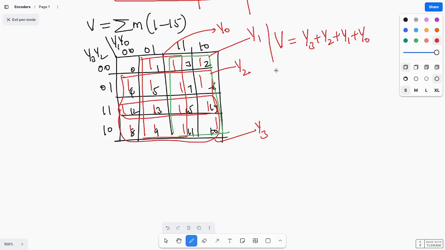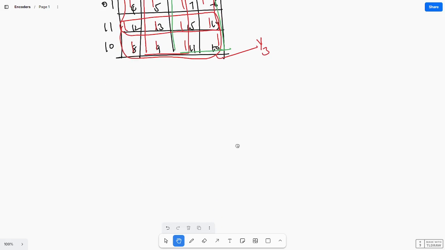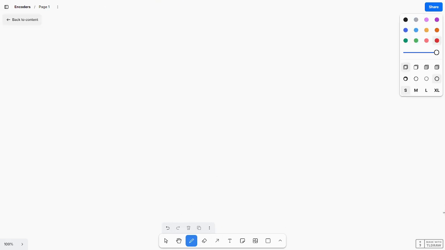So this is V, the valid output. It is checking for valid input or not. From this I can draw the logic diagram. So you got the expression for V, A1 and A0.